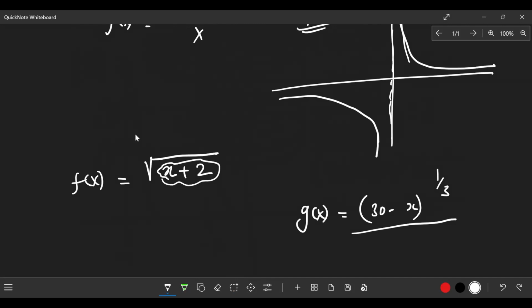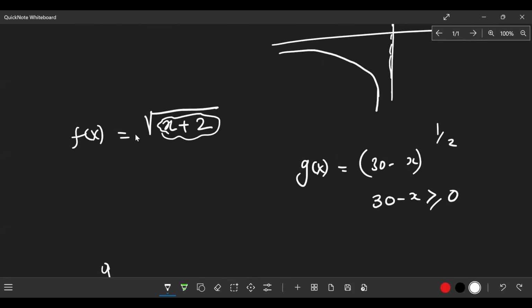But if we have the square root, then we are going to have restrictions, because the only way this function can be continuous is by making sure that the expression in the brackets is greater than or equal to 0.